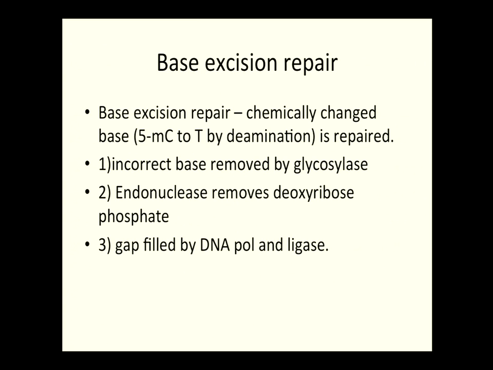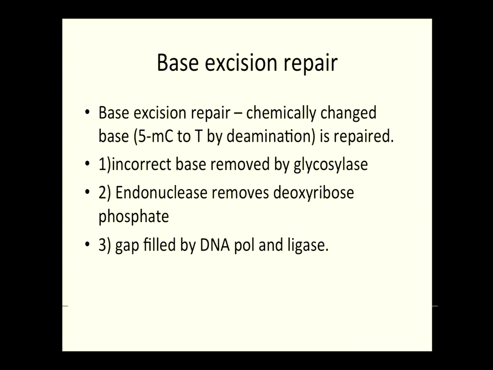All right, base excision repair. Base excision repair fixes chemically changed DNA. So methylated cytosine changes to thymine, and that happens by the process of deamination. So you guys should remember the process. The chemically changed base is then repaired.